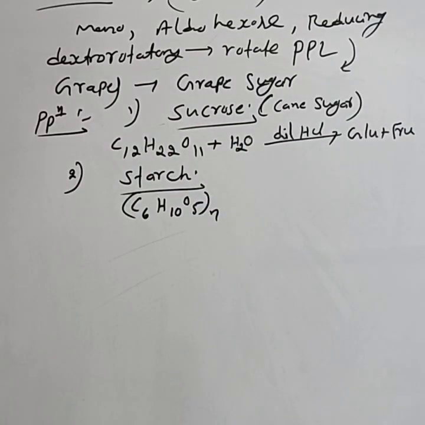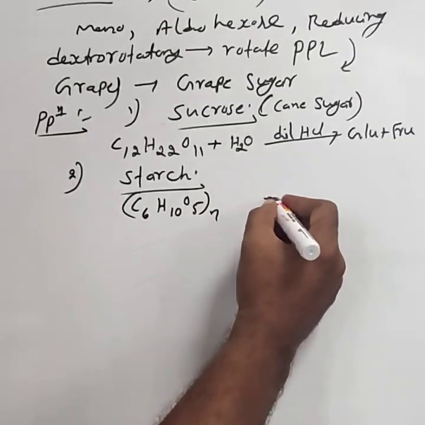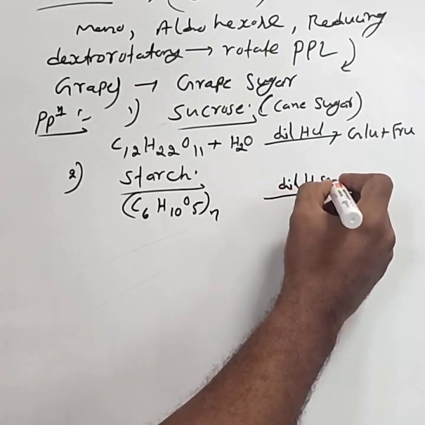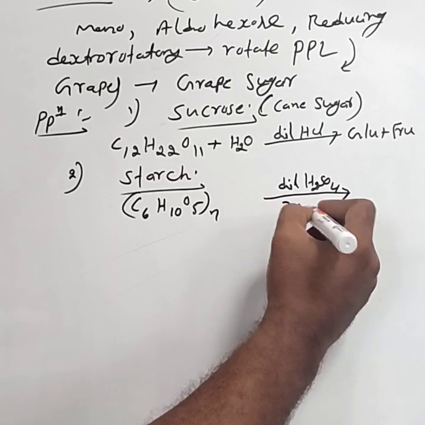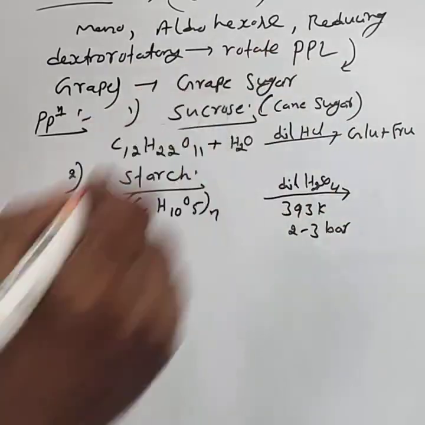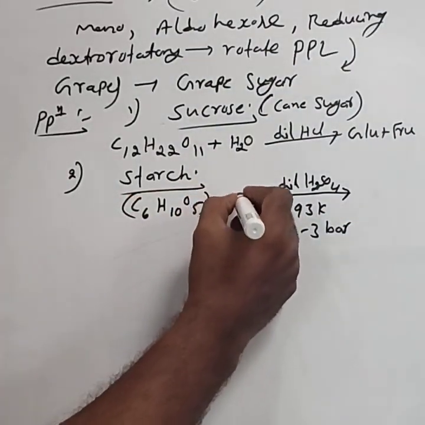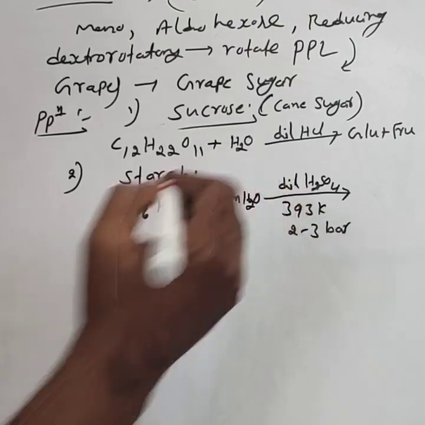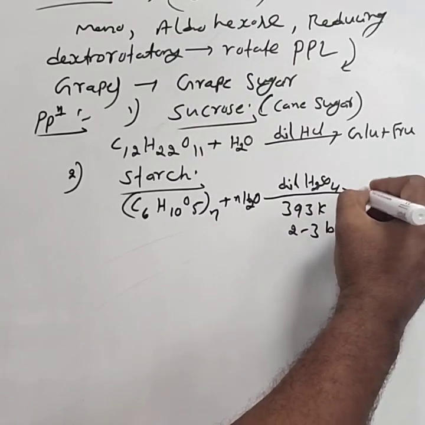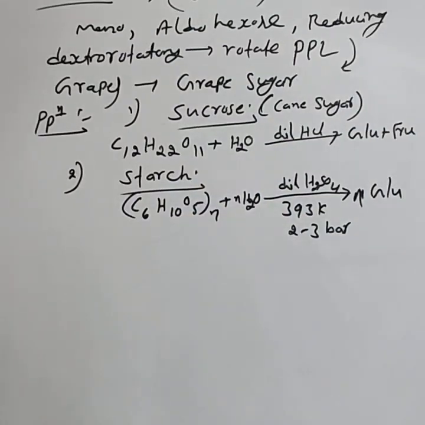When the starch molecule is treated with dilute H2SO4 at 393 Kelvin and 2 to 3 bar pressure, it undergoes hydrolysis with n molecules of water and forms n molecules of glucose. This is about the preparation of the glucose molecule.